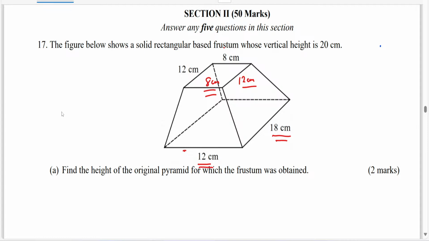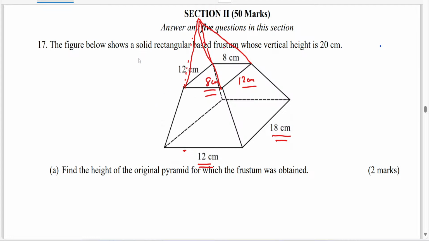If you are to complete the pyramid, the pyramid was supposed to be like this. But now you cut it, for some reason, and we removed the upper pyramid and remained with the frustum.